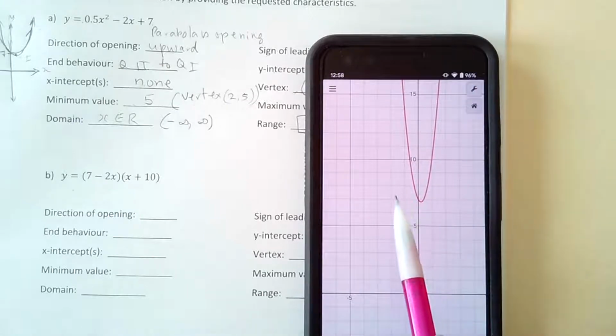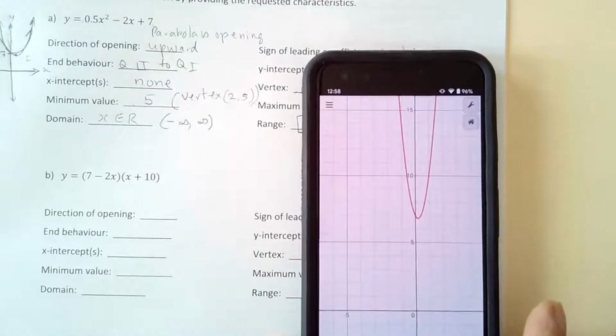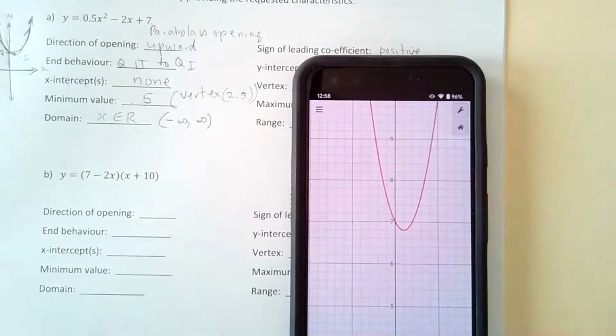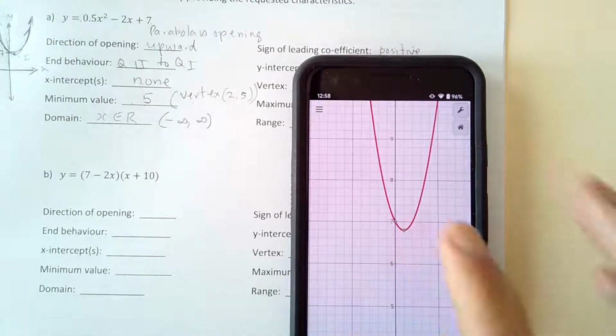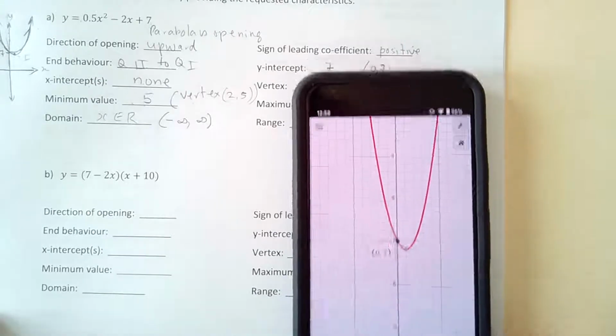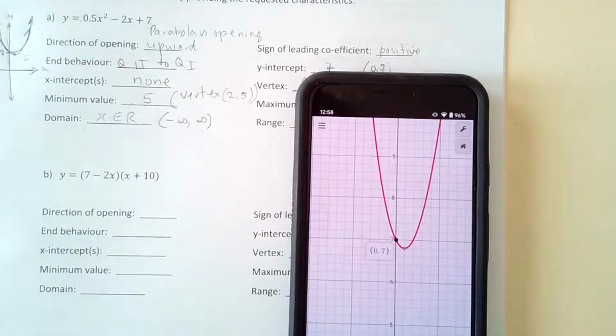So we go from quadrant 2 to quadrant 1. There's no x-intercept. But now we need to find our y-intercept. So the y-intercept, you pinch it, and where you see the y-intercept, you just tap on it twice, and there it is. X is 0, y is 7. So that's your y-intercept, exactly as we have here. Your vertex, the lowest point, you tap on it, and it's 6.8.